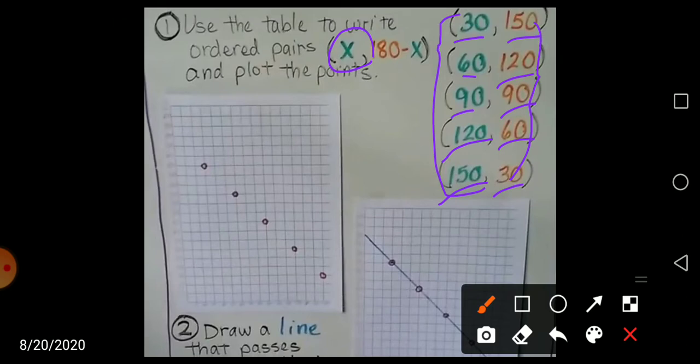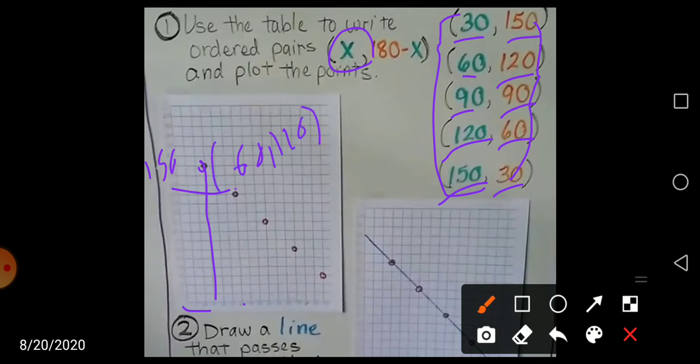Then draw the points here. I have 30 and 150, and then 60 and 120, as you see, this point is for 60 and 120, and so on.